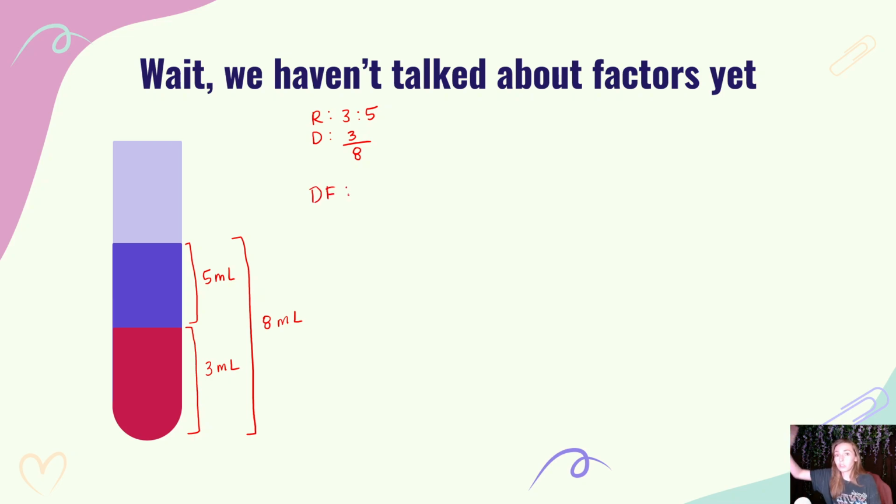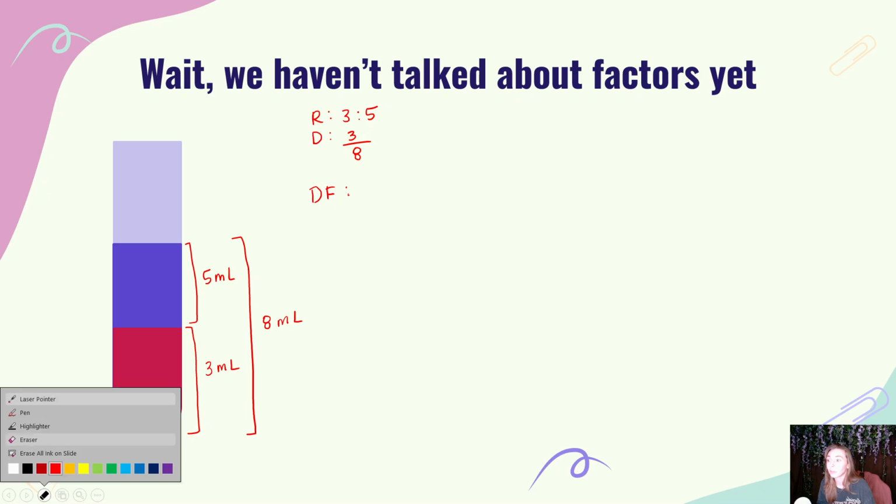So what we just talked about a second ago is that your dilution factor is just your denominator. The only reason that it can be just your denominator is if your numerator equals 1. So we need to mess with this fraction to make your numerator equal 1. How do we do that? We divide both your numerator and your denominator by 3.